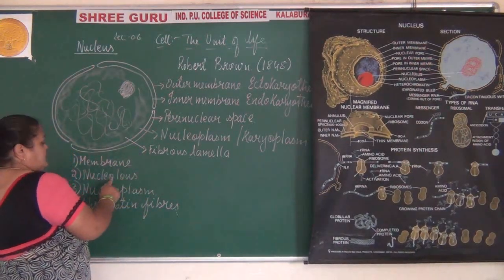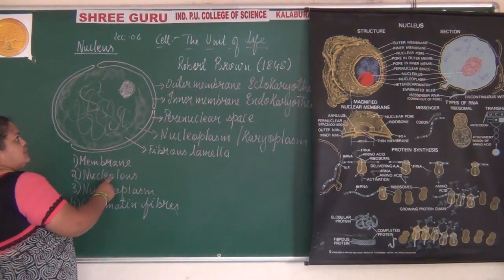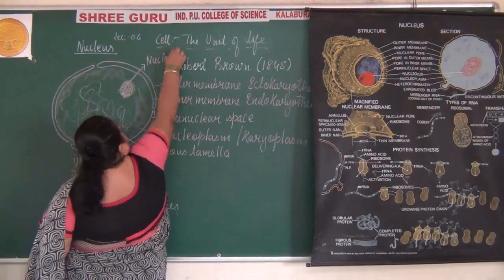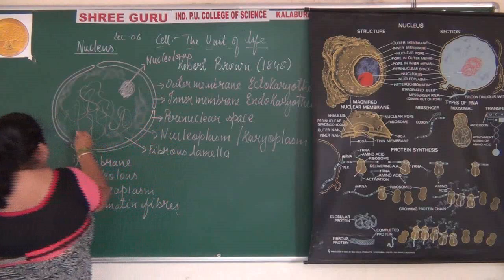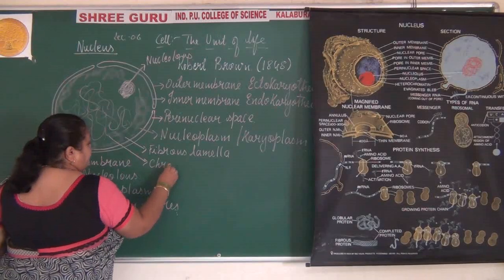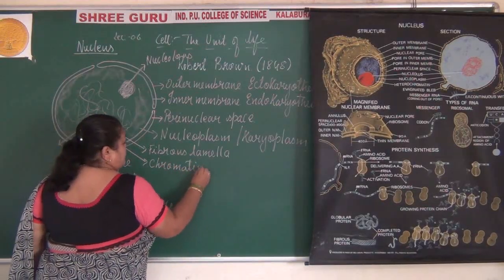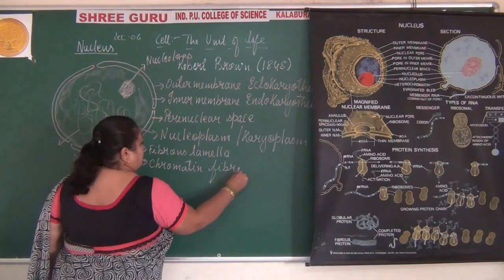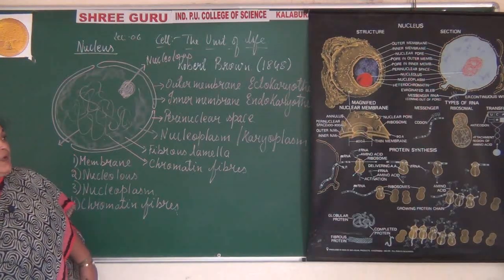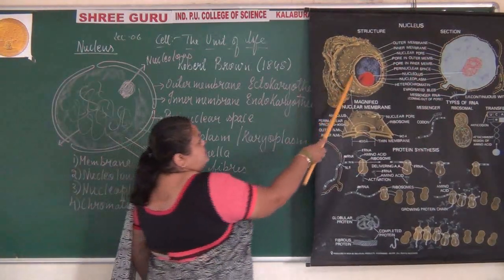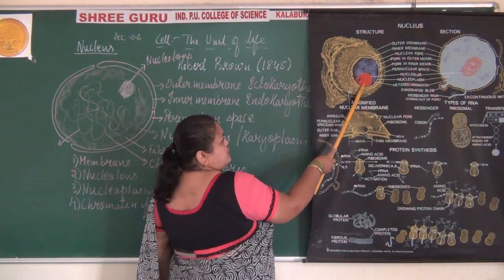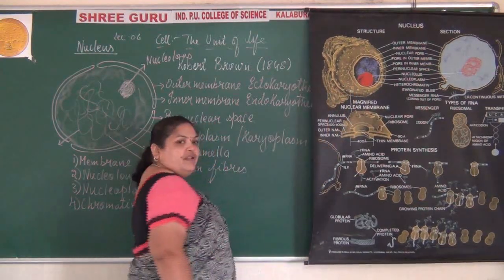Inside, the nucleoplasm encloses 2 components, the nucleolus and chromatin fibers. The nucleoplasm or the karyoplasm holds 2 components, the nucleolus and the chromatin network.